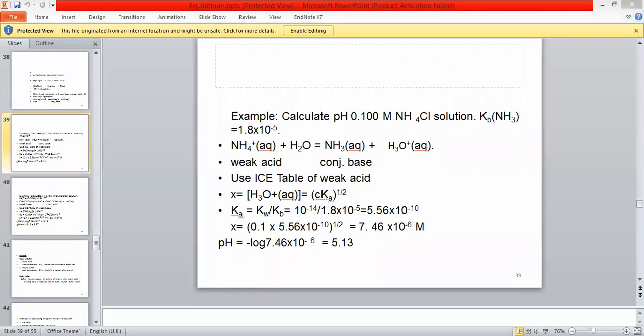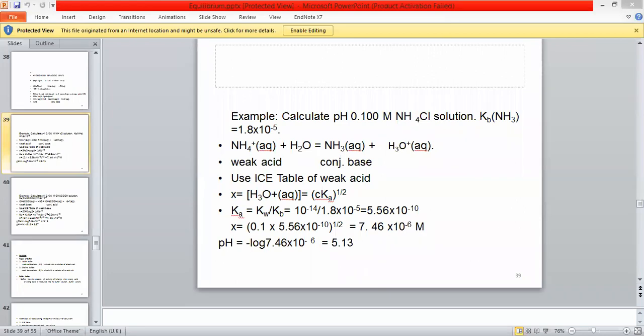Then when you write your Ka, Ka is equal to the concentration of the ammonium and the concentration of the hydronium ion. Now, look at what you've been given here. You've been given Kb instead of Ka. So since you've been given Kb, you have to convert Kb into Ka. If you remember, I gave you an expression that associates Ka and Kb.